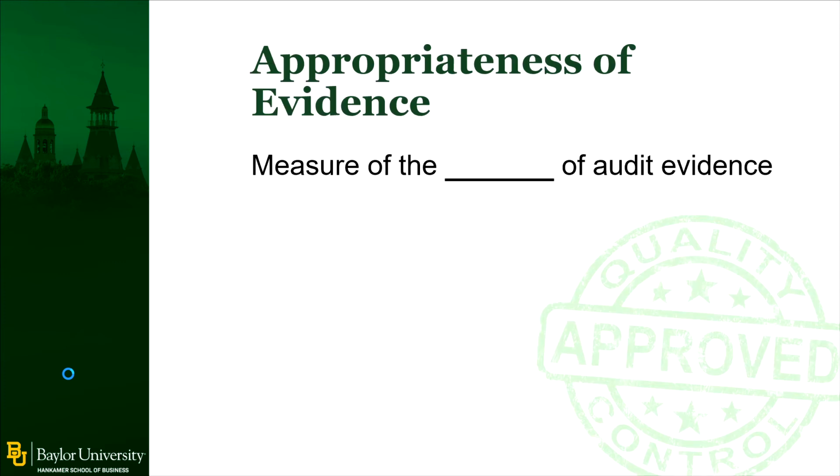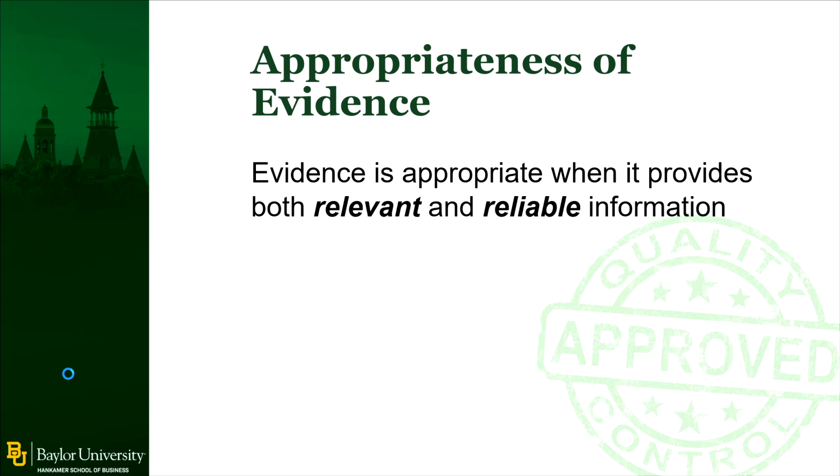Okay, so the appropriateness of audit evidence is a measurement of the quality of evidence. And as we've already talked about actually in class, this relates to evidence that is both relevant and reliable. Okay, evidence is appropriate when it is both relevant and reliable, meaning when it's relevant, it's relating to the assertion and the account that I'm testing.